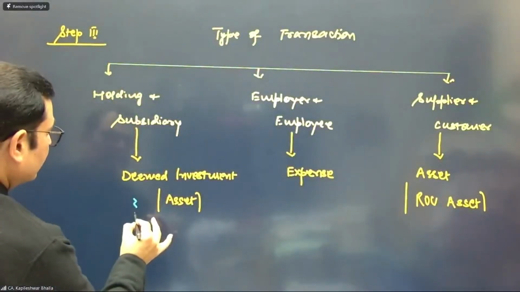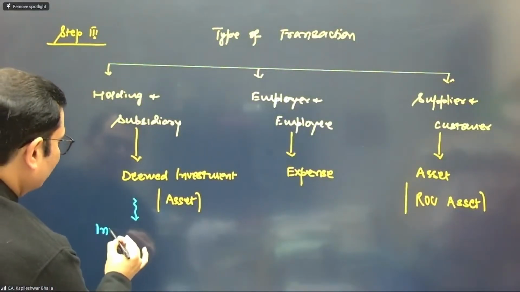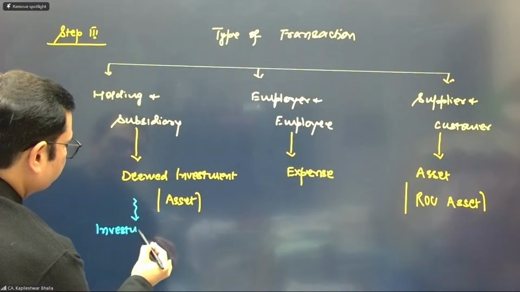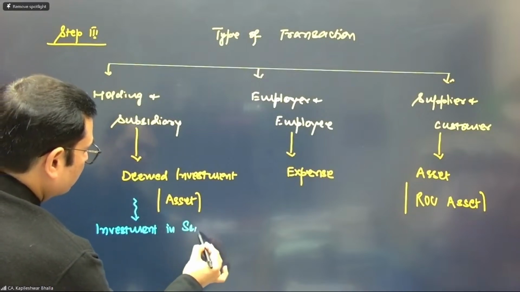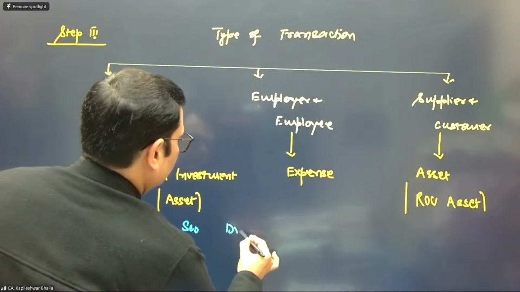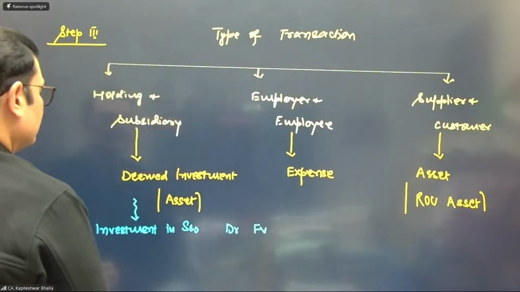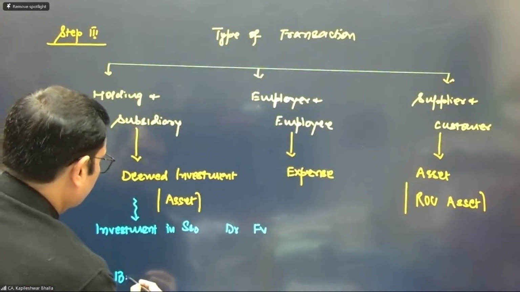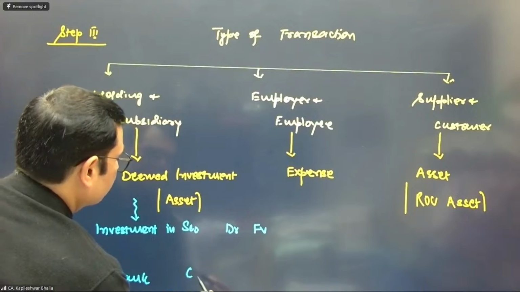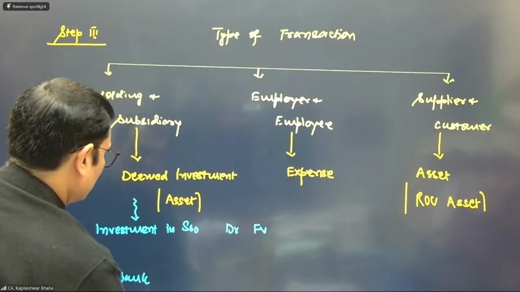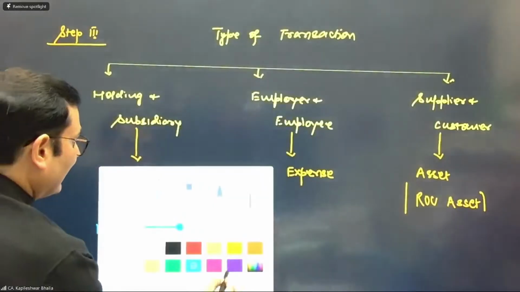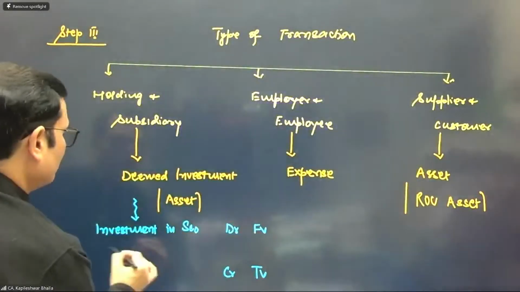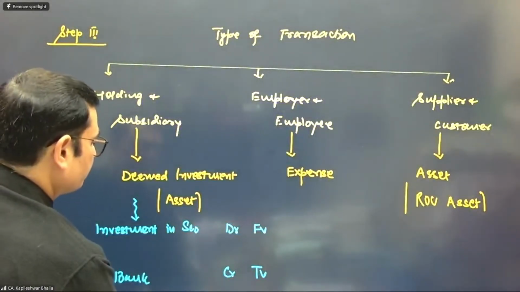Let's say you made an investment in the subsidiary. So there is an investment in the subsidiary company, and this is going to be recorded at fair value. And we will record the bank as a credit, which is going to be the transaction value. And in this case, we will record a difference.